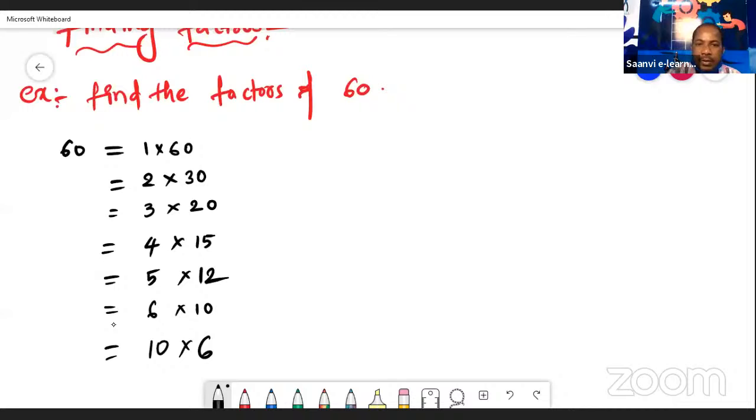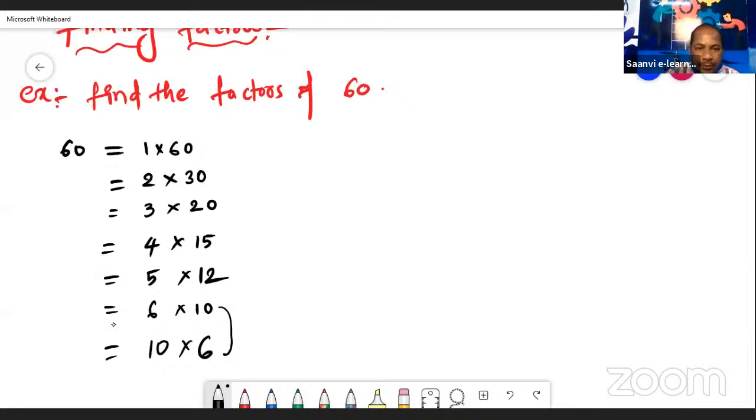So you may get one doubt here. Up to which number do we have to factorize? All of you children, look at the board carefully. When we are finding factors like this, somewhere we get the reverse product, like 6 into 10, 10 into 6. Here we got the reverse product now. So until we get the reverse product, we have to continue this process.